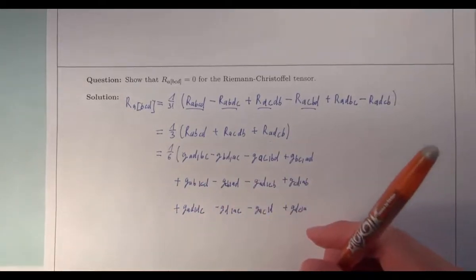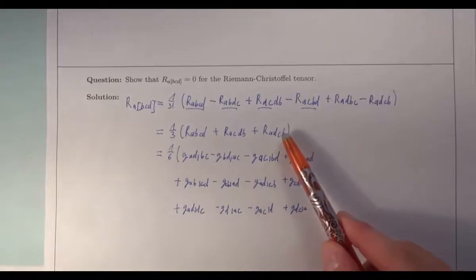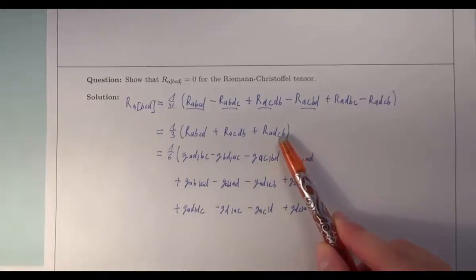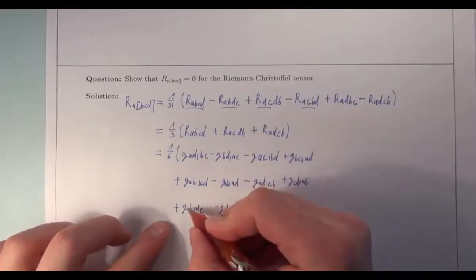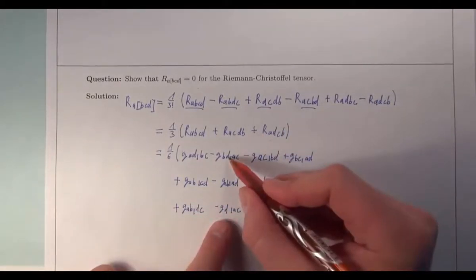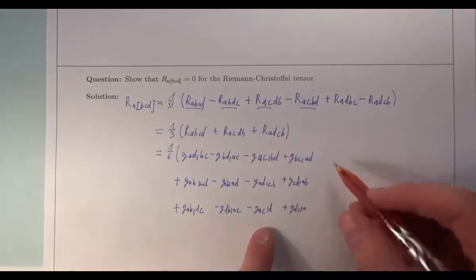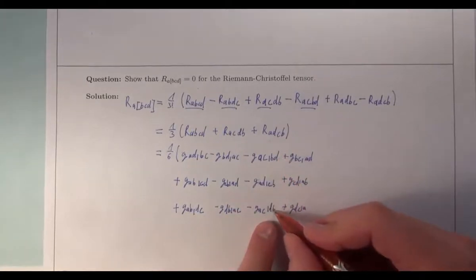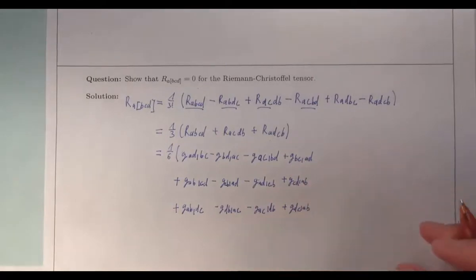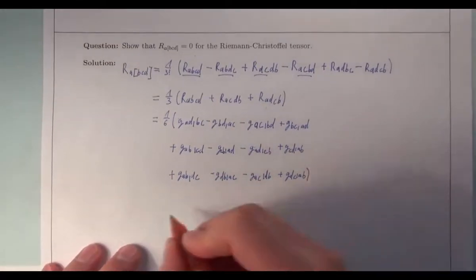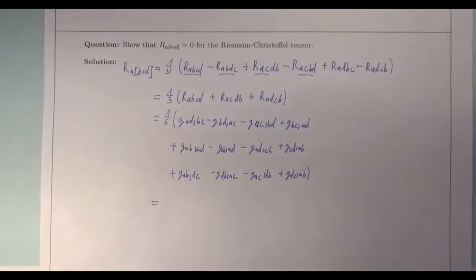I've made a mistake. B goes to D. No, I have not made a mistake. I just write D again. B, D goes to B, B, D goes to B, B, and here again D goes to B. So close the bracket and check how these terms cancel.